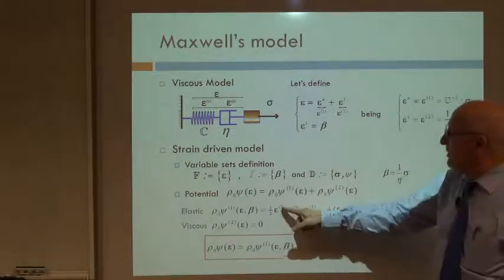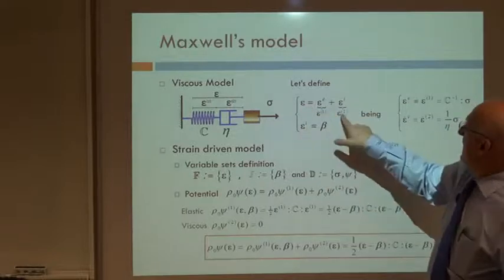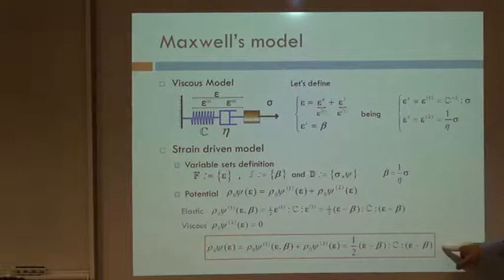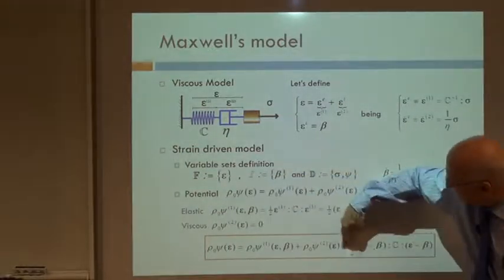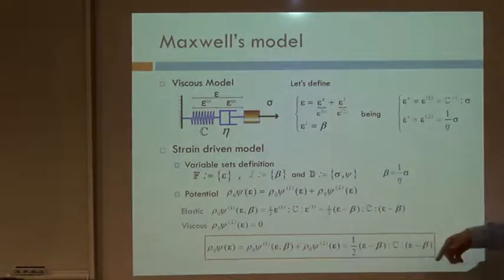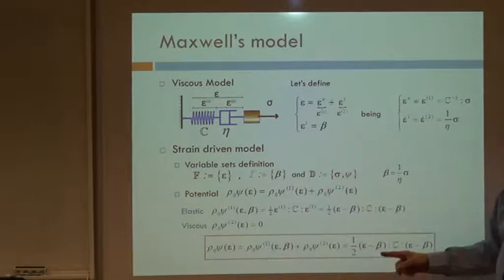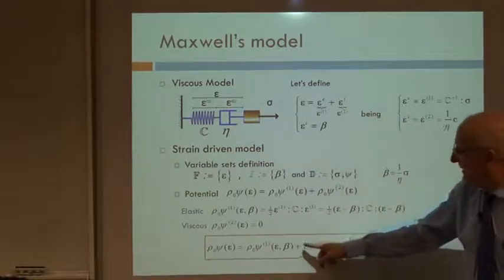And by the way, this one, epsilon 1, is epsilon minus epsilon 2. Epsilon 2 is equal to beta, so it can be written in that way. This is just a manipulation which aims at representing the free energy as a function of epsilon and beta.